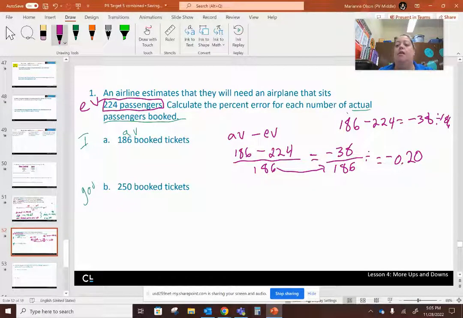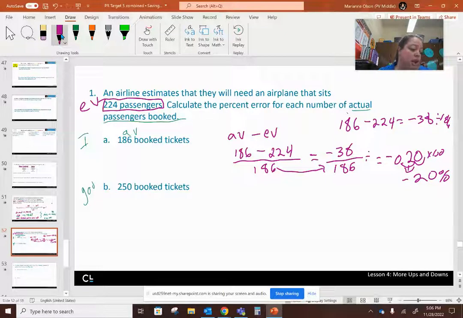Well, I'm just going to leave it like that. But I have to change that to a percent. So this as a percent is, move over two places or times 100, should give me negative 20%. So they were under by 20%.